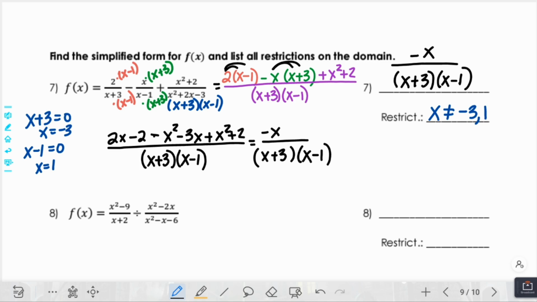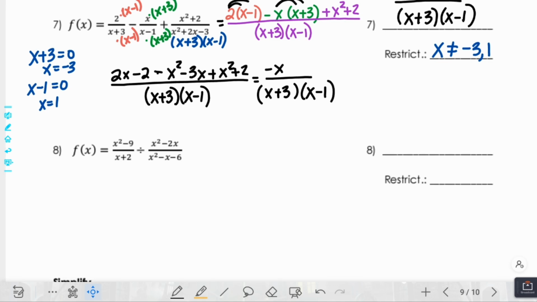Okay, the next question. This one, you're also asked to list your restrictions. So let's go ahead and factor it. You've got your x plus 2. Down here, you've got your x squared minus x minus 6.